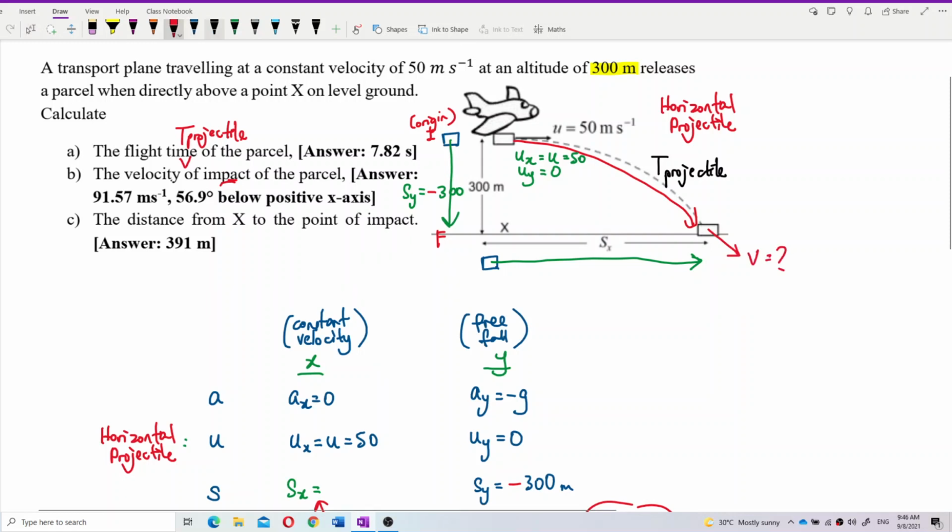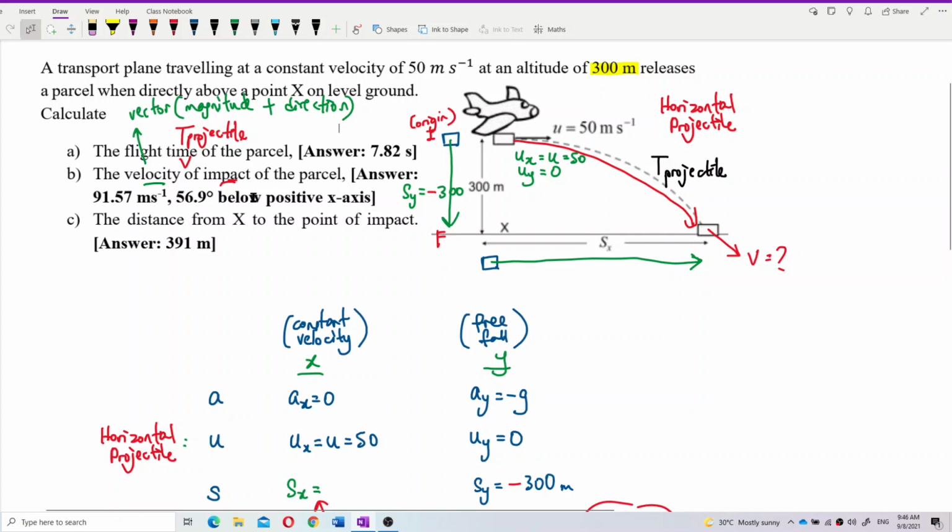Remember, this velocity is a vector. A vector, you cannot just give magnitude. You must give both magnitude and direction. If you just give magnitude only, then you lose marks for direction.